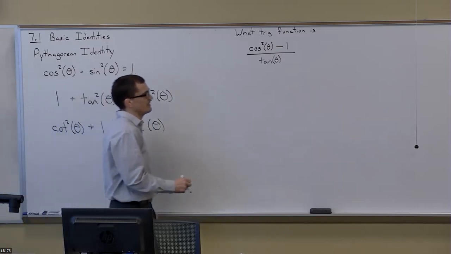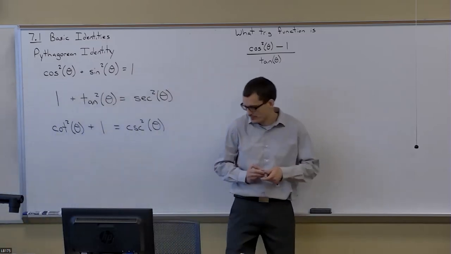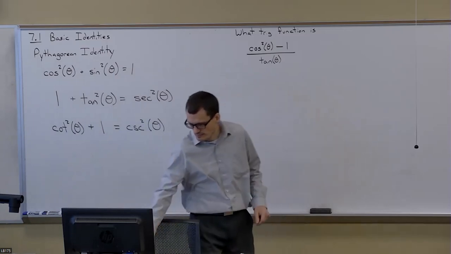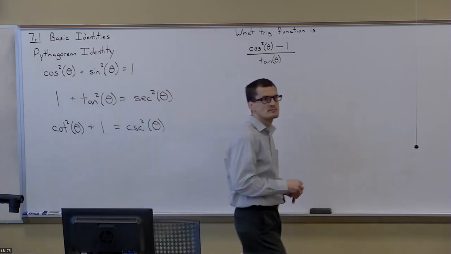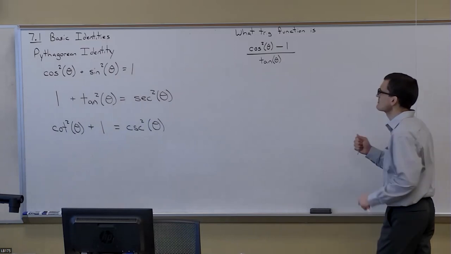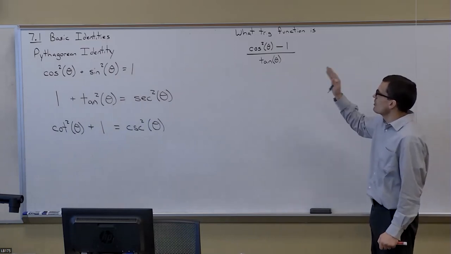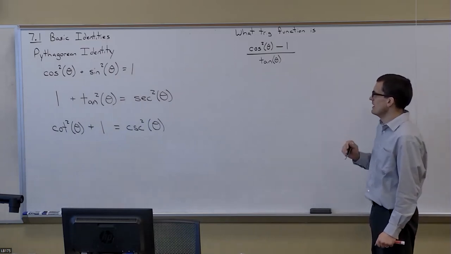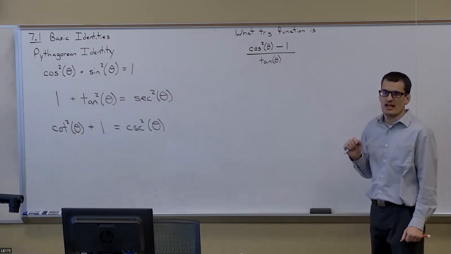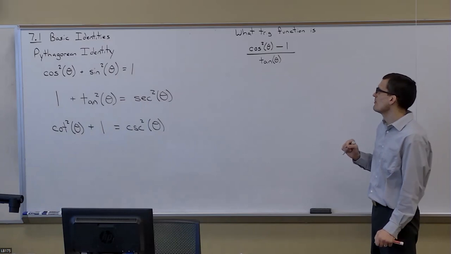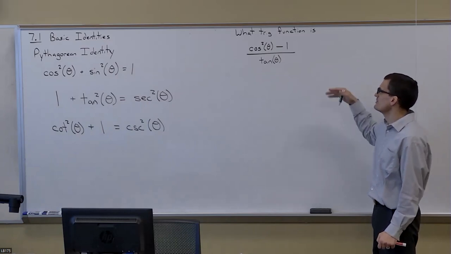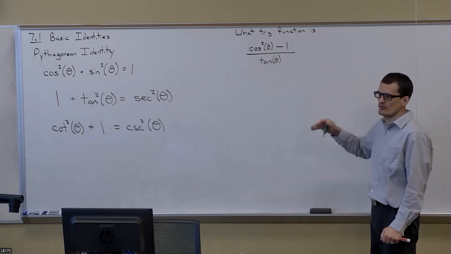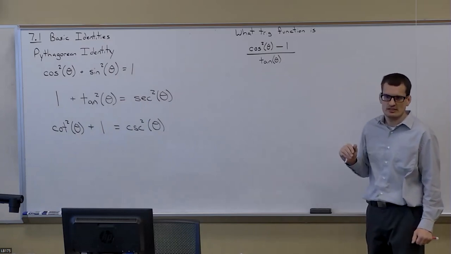So here's the deal. Cosine squared minus 1. I see this cosine squared, and I ask, is there any way to get rid of it through simple cancellation?